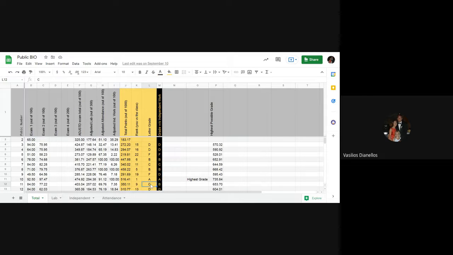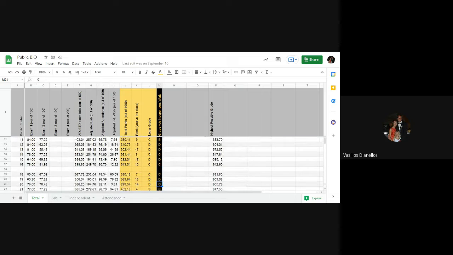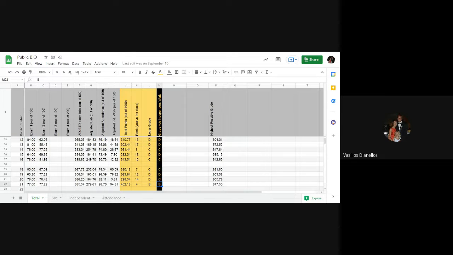Same with this person, who has a C, but without independent work would have a B. That is very common for this portion of the semester. Towards the end, you'll see it flip-flop, where people who would normally have had a bad grade have been boosted by that extra 100 points of independent work. So anyway, that's there for you too.